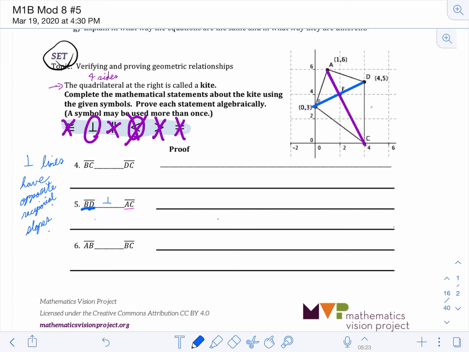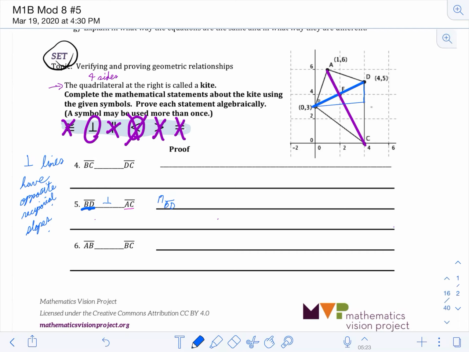In order to do that, we need to get the slopes for each one. The first one we'll do is the slope for BD. What is the slope for BD? We come over here and draw a slope triangle. Anytime you want to find a slope and you've got a graph, a slope triangle is the easiest way to do it.